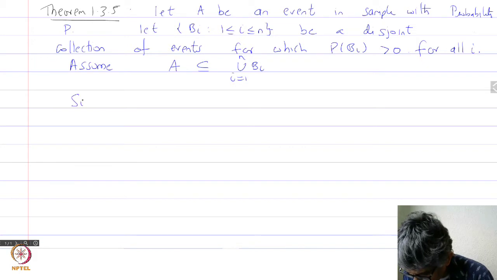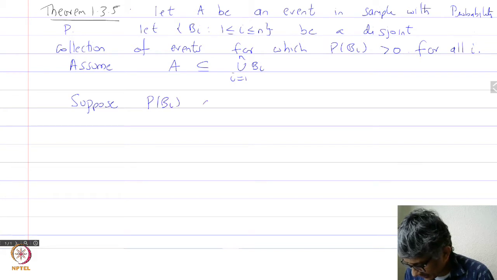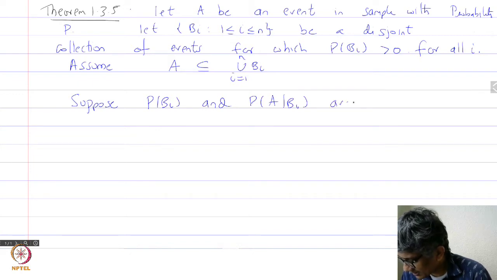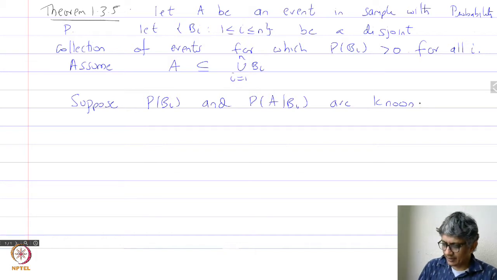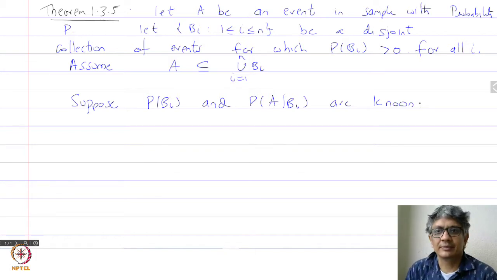Suppose the probability of B sub i and the probability of A given B sub i are known. So I know that, like in the previous example, I could compute the probability of A given B and the probability of B.